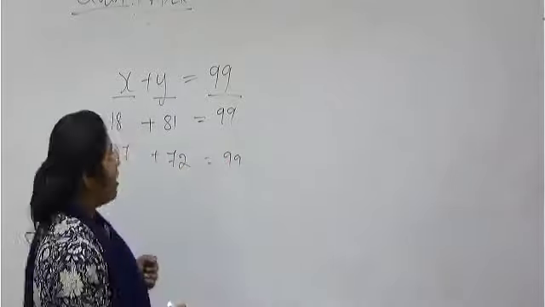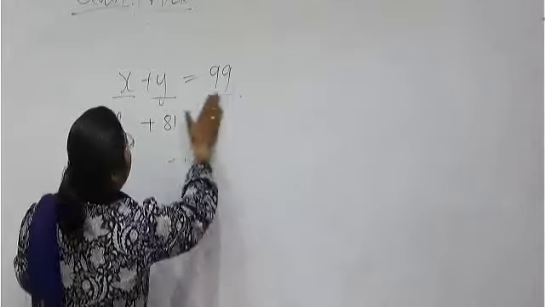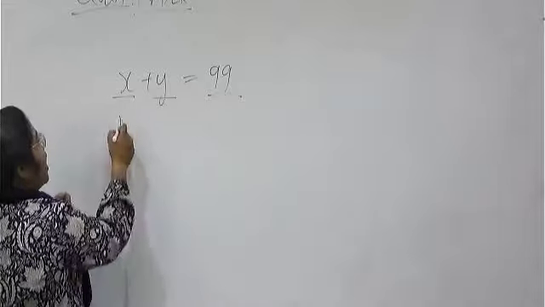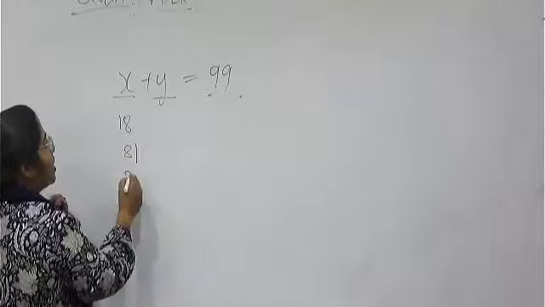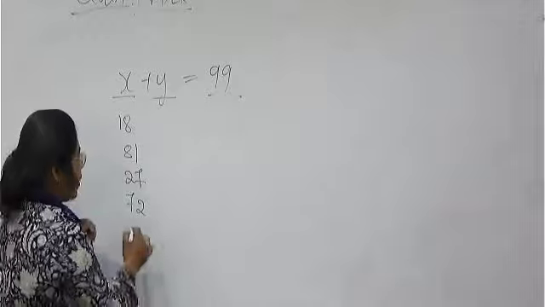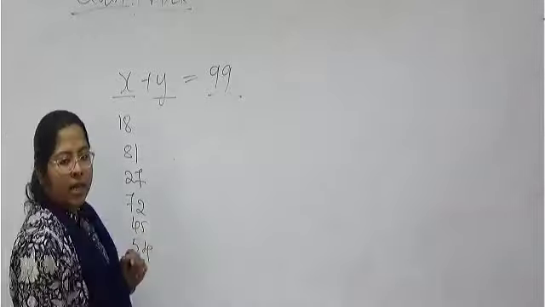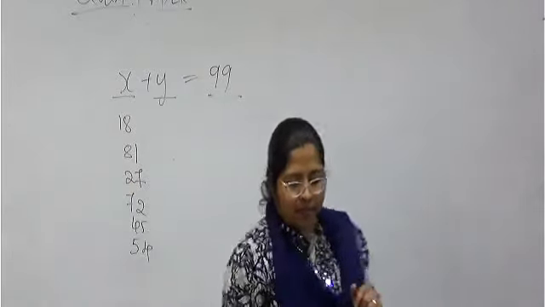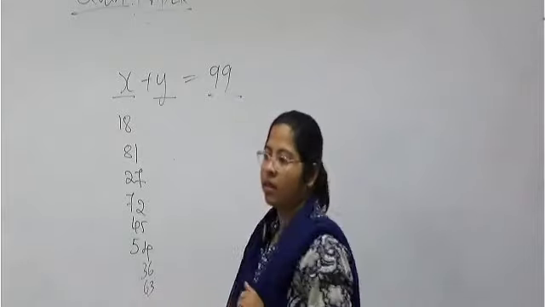You can do it with 72 also. Anyways, it is the same, no? So 18 you can consider, 81 you can consider, 27 you can consider, 72 you can consider, and 45 you can consider. Yes or no? 54 you can consider. Then what else? 36 you can consider, 63 you can consider.